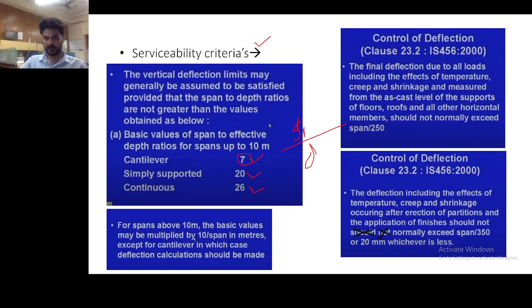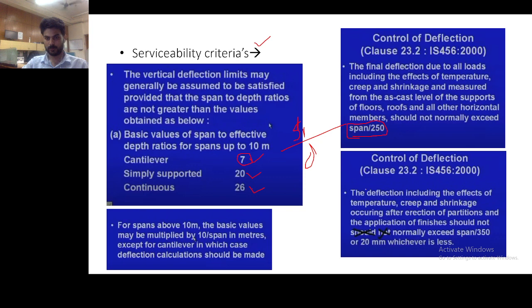So, control of deflection. This clause should be matched. The final deflection due to all the loads, including the effect of temperature, creep and shrinkage, and measured from the as-cast level of the supports of floors, roofs and all other horizontal members, should not normally exceed span by 250. So considering every load coming onto the structure, deflection should not be greater than span by 250.